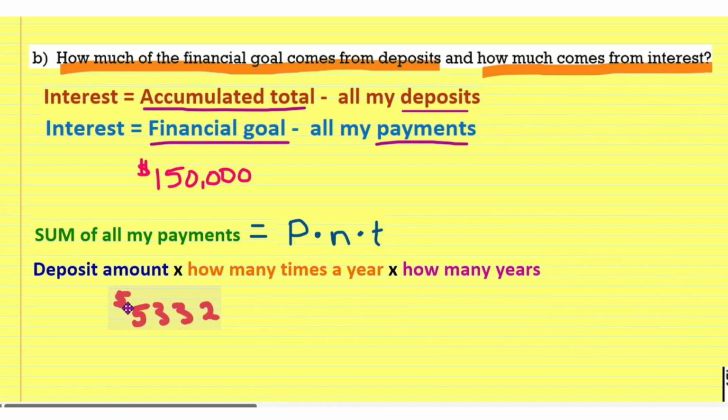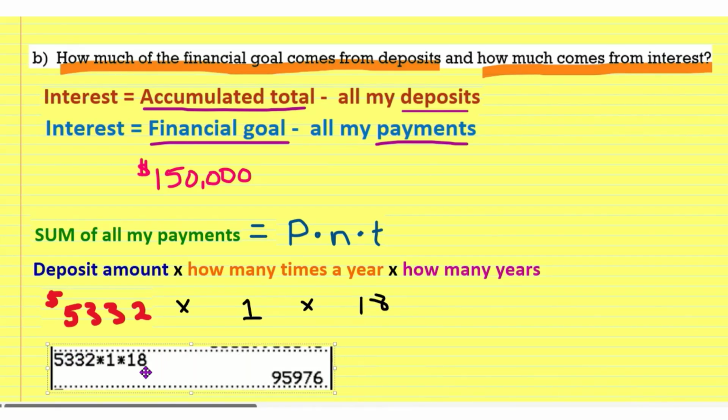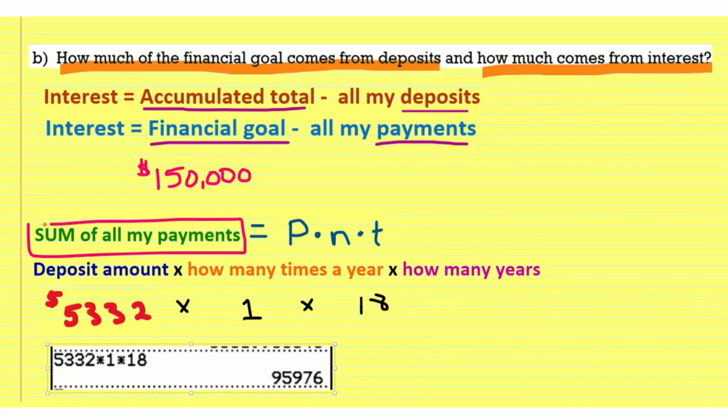Well, in part A, we did figure out that our regular payment amount was $5,332, and we're going to multiply that times how many times a year? It was annually. That means it was only 1 time per year. And then we did that for how many years? We did that for 18 years. So when we put that into our calculator, the sum of all of our payments is going to be 95,976.